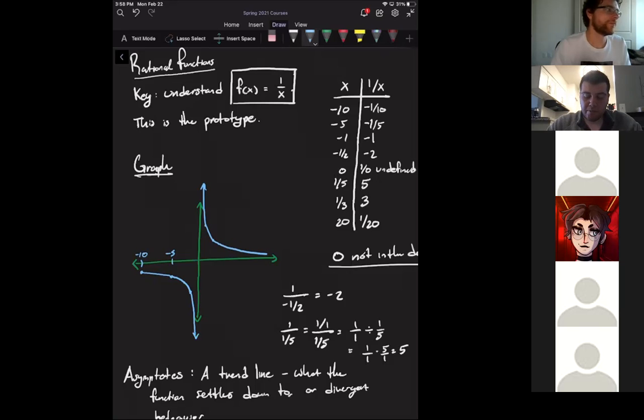Okay, so maybe that was a confusing question. Matea said 0 isn't in the domain, and yeah, 0 is not in the domain.